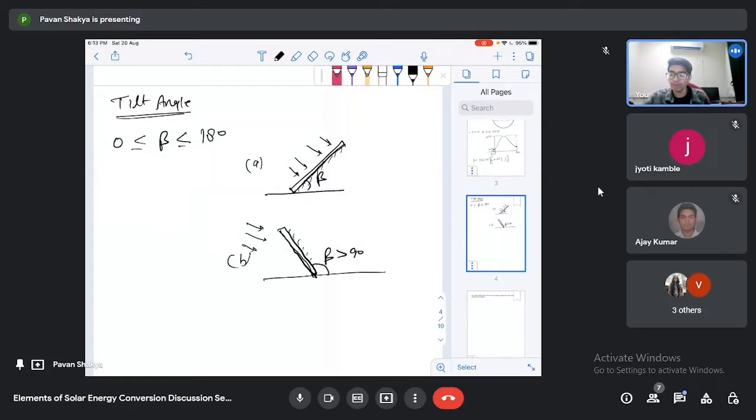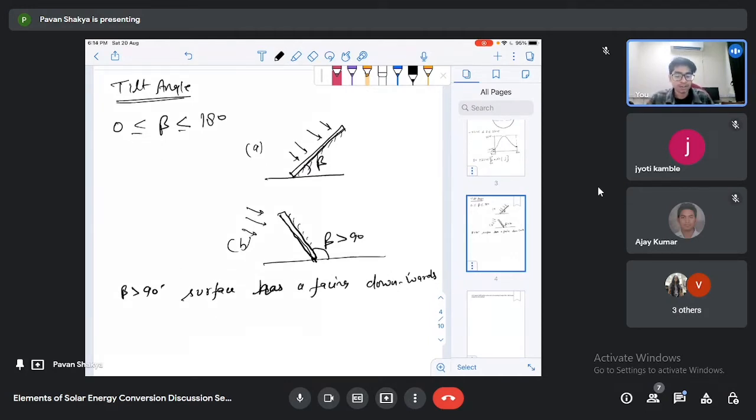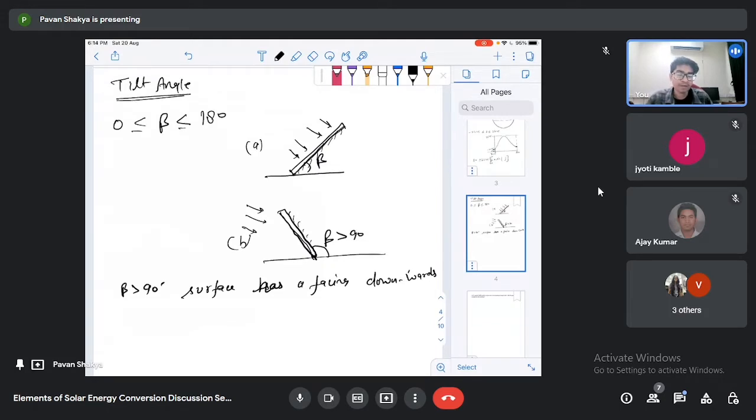So beta greater than 90 degree, we can say that the surface is facing downwards. So you will often see that this beta will be given between 0 to 90 degree.